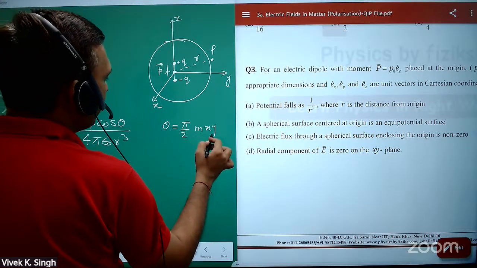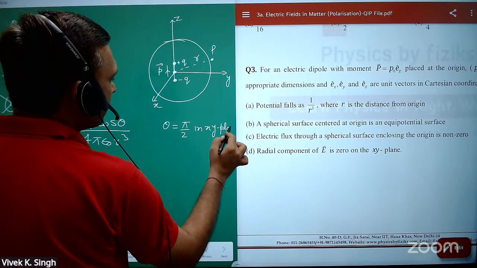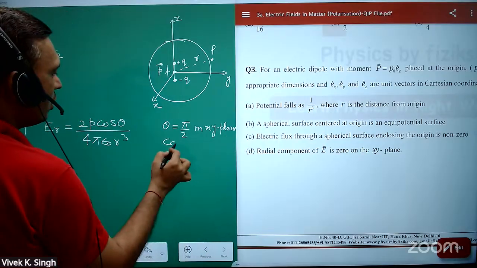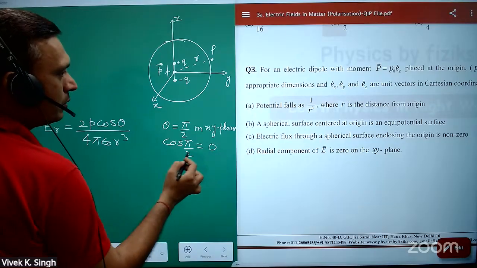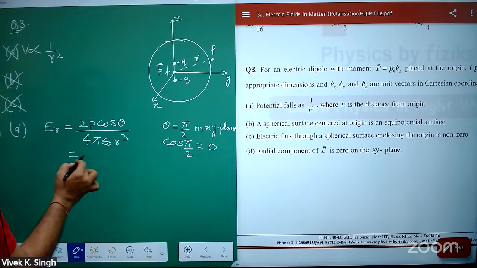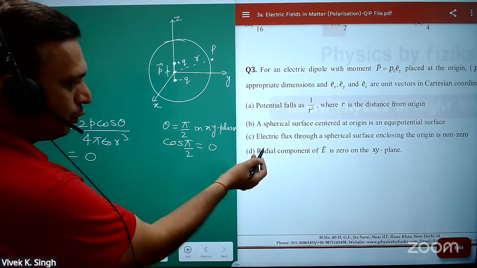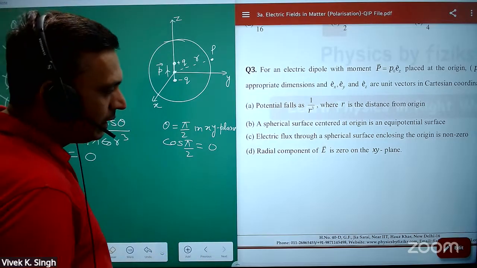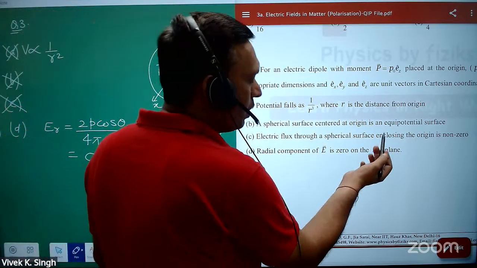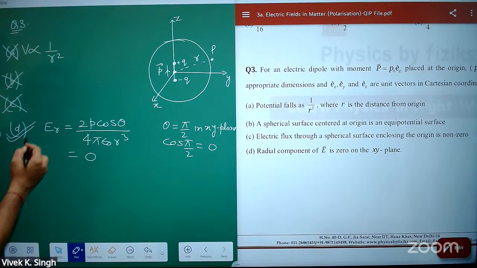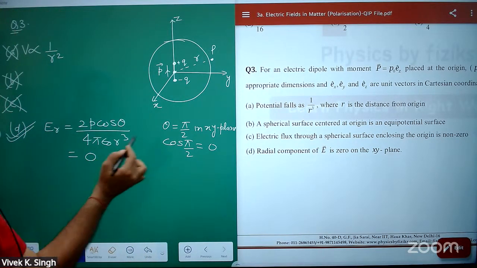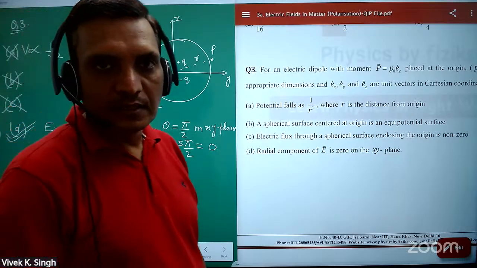So cos pi by 2, that is cos 90, is 0, so the E_R component will be 0. So the fourth option, the radial component of E is 0 on the XY plane, is correct. So option D is correct in this case. Clear?